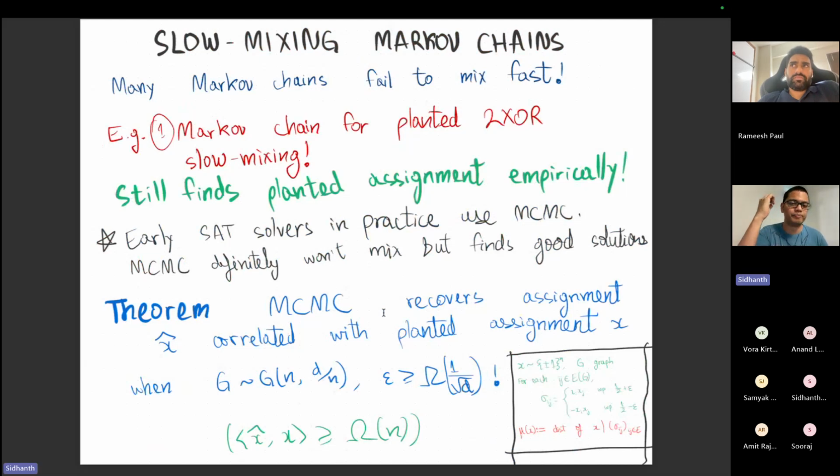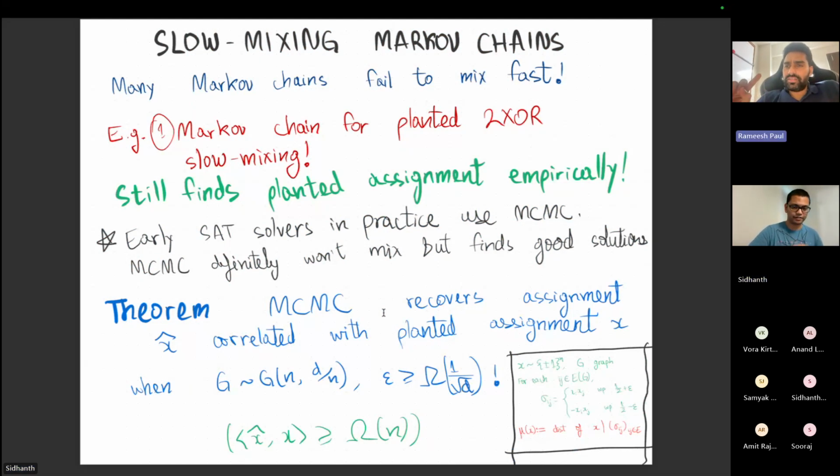And even outside of the stylized model, from the early 90s, there's work on SAT solvers and CSP solvers that people use a lot in practice. And the early SAT solvers were actually based on running a Markov chain. And SAT is a crazy problem, SAT is hard. Probably when you run a Markov chain, even on some crazy real world instance, you're probably not going to be sampling from the distribution, but it nevertheless is pretty effective at finding good solutions.